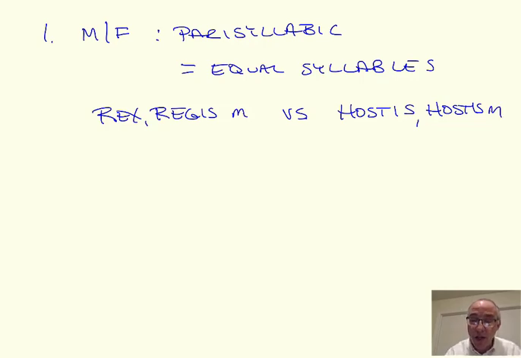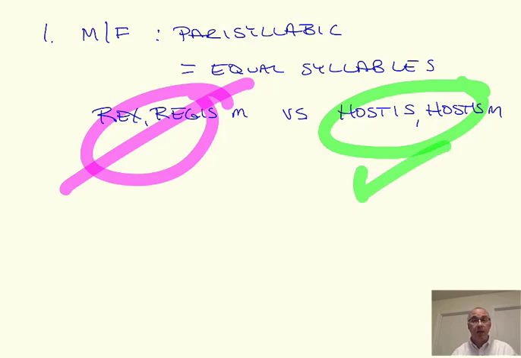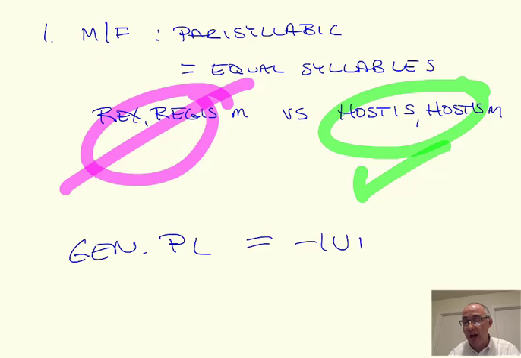Rex, regis is not I stem. Hostis, hostis is, based on the fact that the nominative ends in an IS, and the nominative and the genitive have the same number of syllables. I can't think of an exception that doesn't follow that. We may run across them, but what does this mean? This means the genitive plural ends in an IUM.